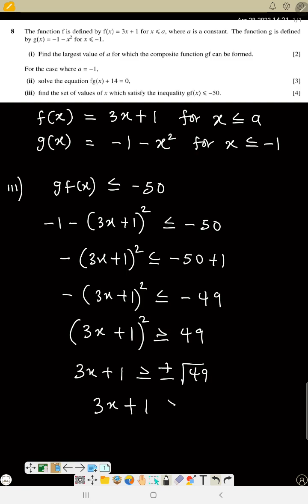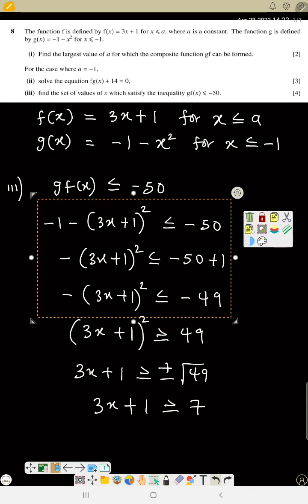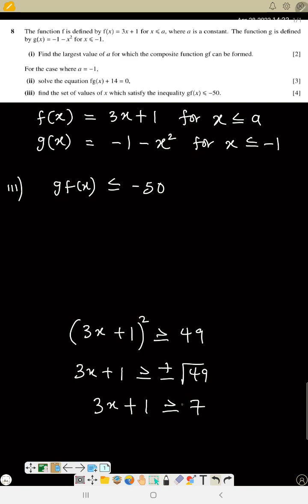So that means it's greater than or equal to plus or minus 7. So meaning 3s plus 1 is greater than or equal to 7, or 3s plus 1 is less than or equal to minus 7.